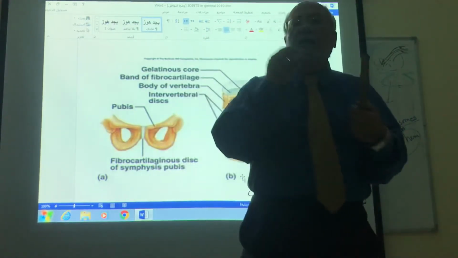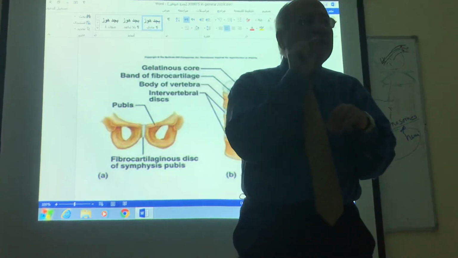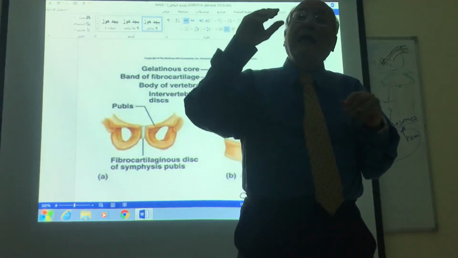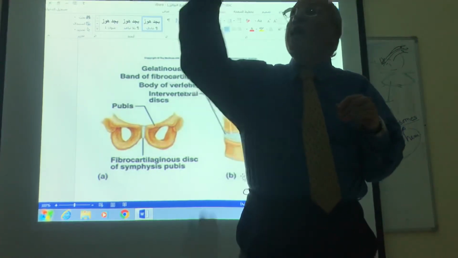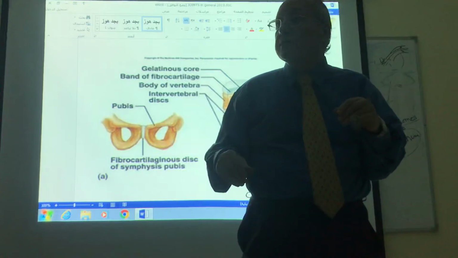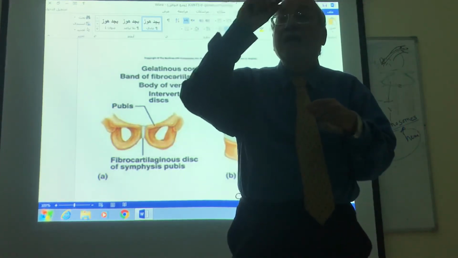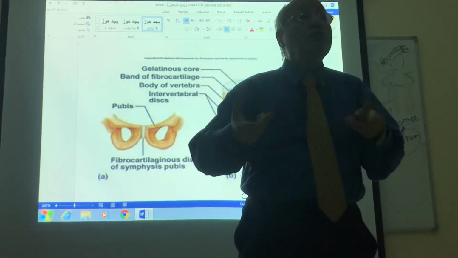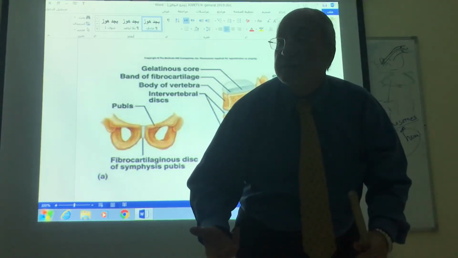In each disc there is limited movement, but in the thoracic region there are 12 intervertebral discs. The summation of movement of the 12 intervertebral discs will lead to the movement of the thoracic vertebrae.